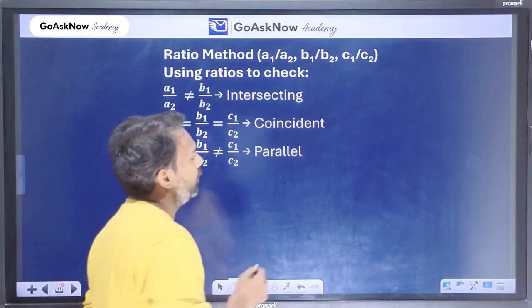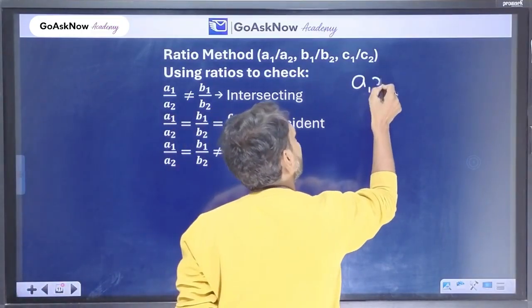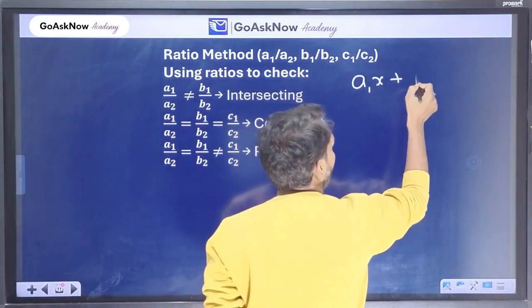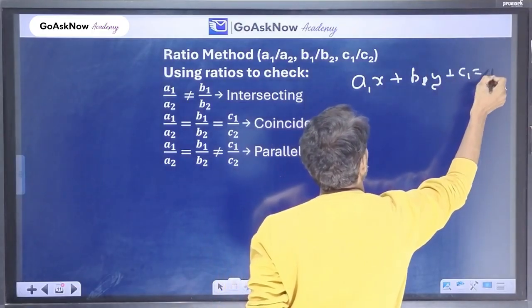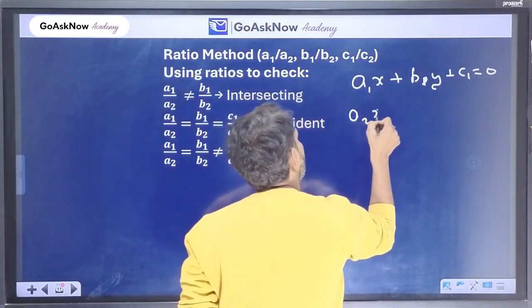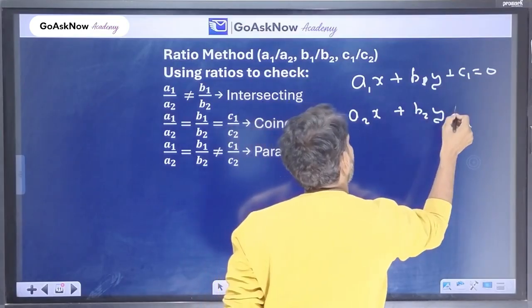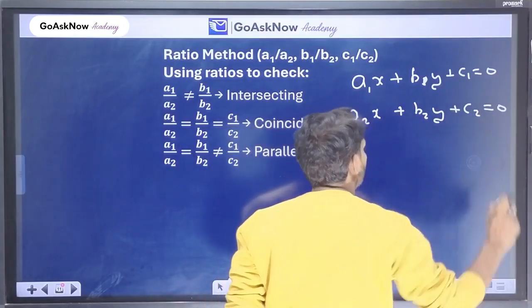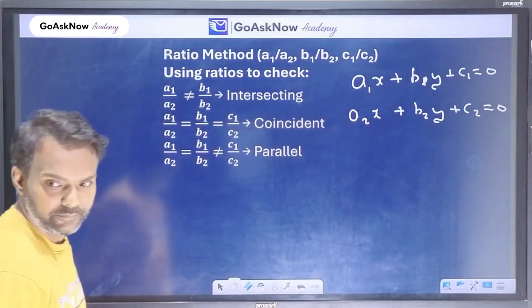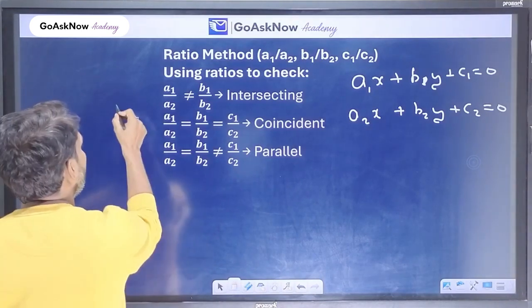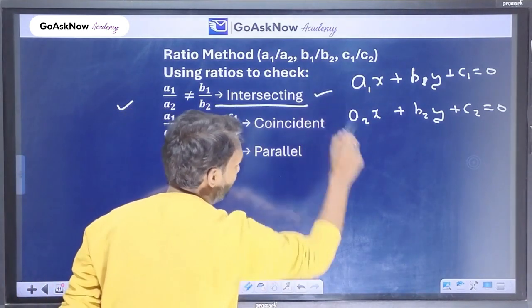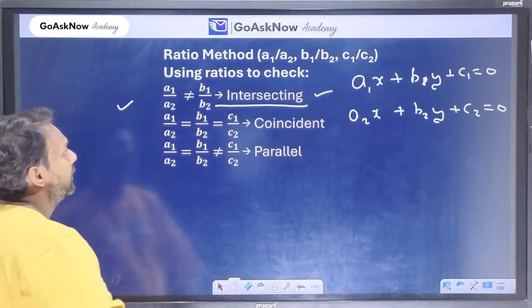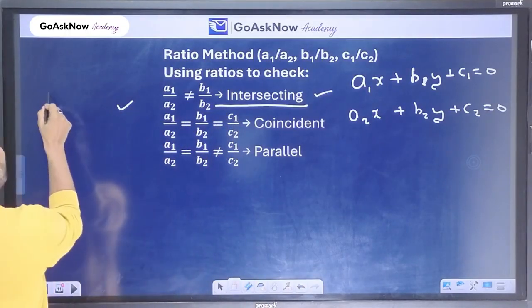First of all, we know that equations are in the form a1x + b1y + c1 = 0 and a2x + b2y + c2 = 0. If a1 upon a2 is not equal to b1 upon b2, then we will say that it is intersecting, meaning one solution.